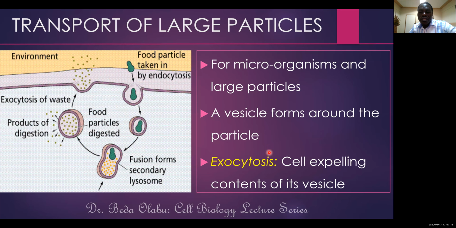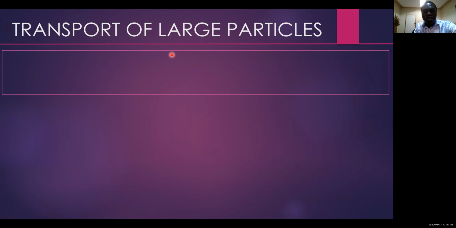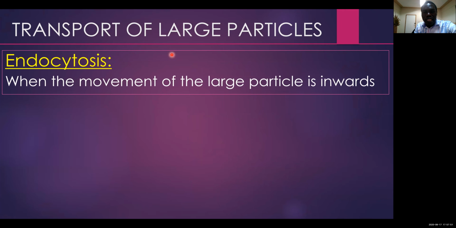In exocytosis, the cell expels the contents of the vesicle into the extracellular space. If the molecule is entering the cell, then we call it endocytosis. In endocytosis, the large molecule is moving into the cell.